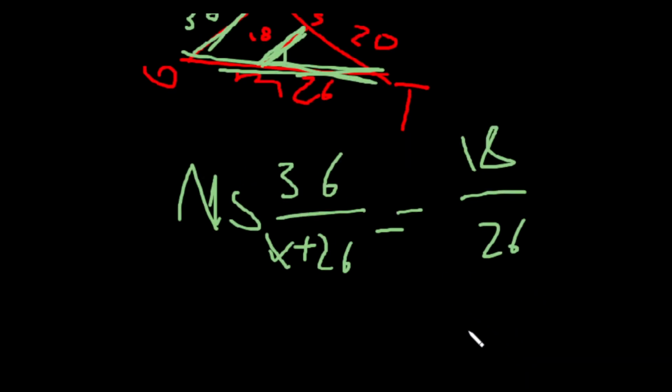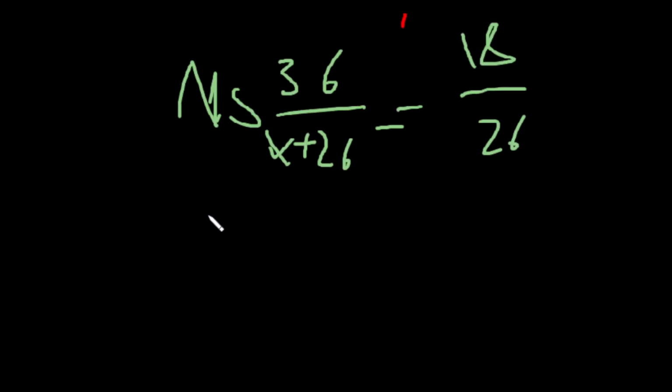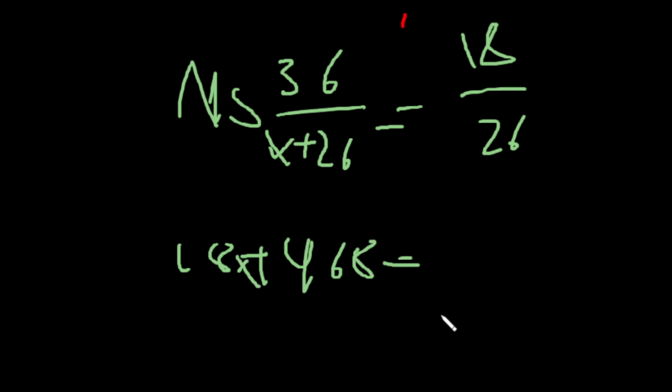You cross multiply, you do the math, 18 times 26 is 468, and 18x equals 936.